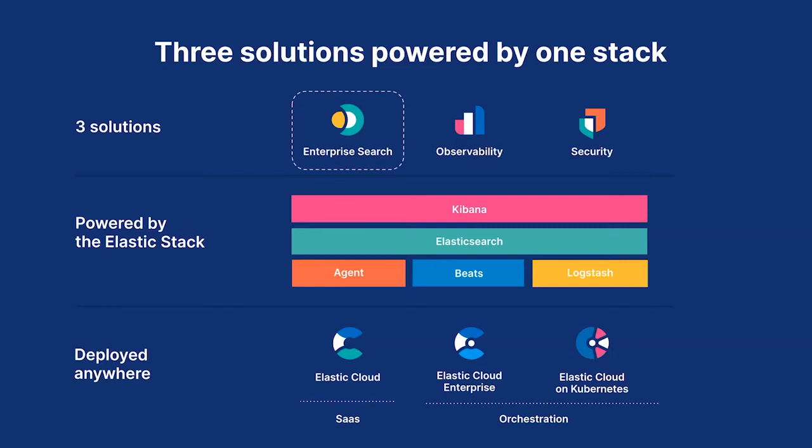Elastic Cloud Enterprise is a proprietary orchestration platform which lets you manage your own internal cloud and multiple Elastic clusters at scale. Same thing for Elastic Cloud on Kubernetes. If you use Kubernetes in your organization, ECK, or Elastic Cloud on Kubernetes, lets you manage, scale, and run multiple Elastic clusters on top of that.